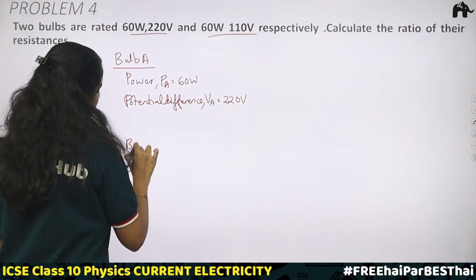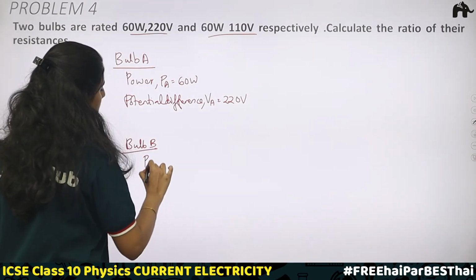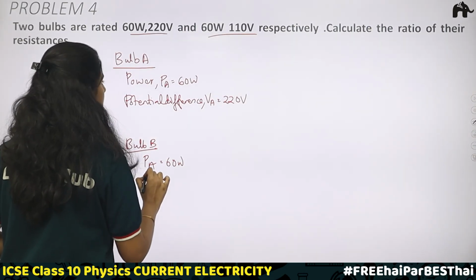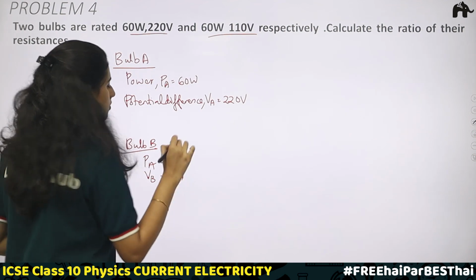Next, for bulb B, power PB is the same, 60 watts, and potential difference VB is equal to 110 volt.